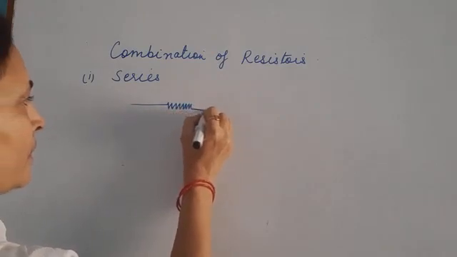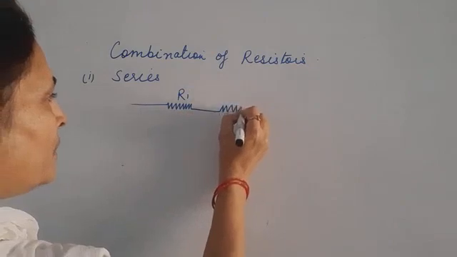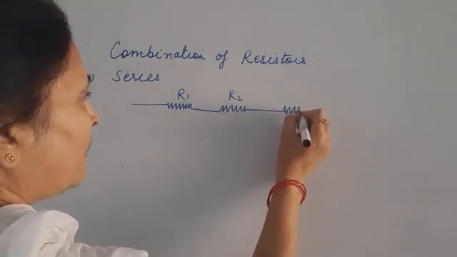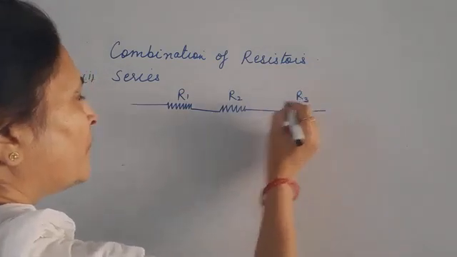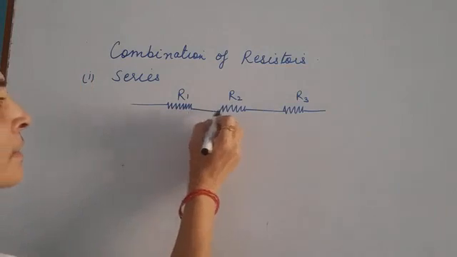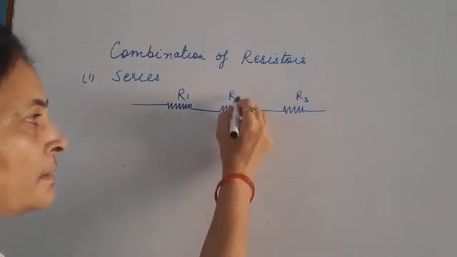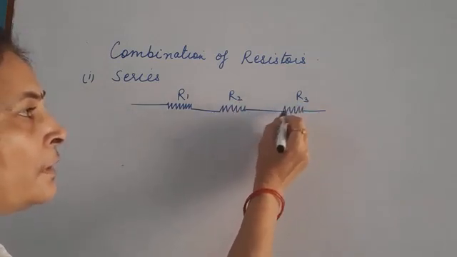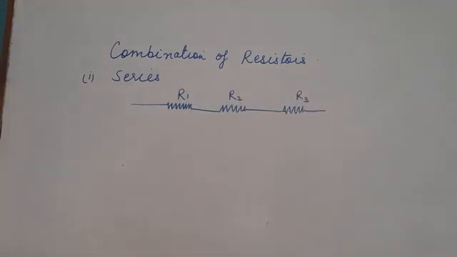Say this is resistance R1, then R2, and then R3. We are taking three resistances together. One end of the first resistor is connected to the first end of the second one, and the second end of the second resistor is connected to the first end of the third. So they are forming a chain-like structure.